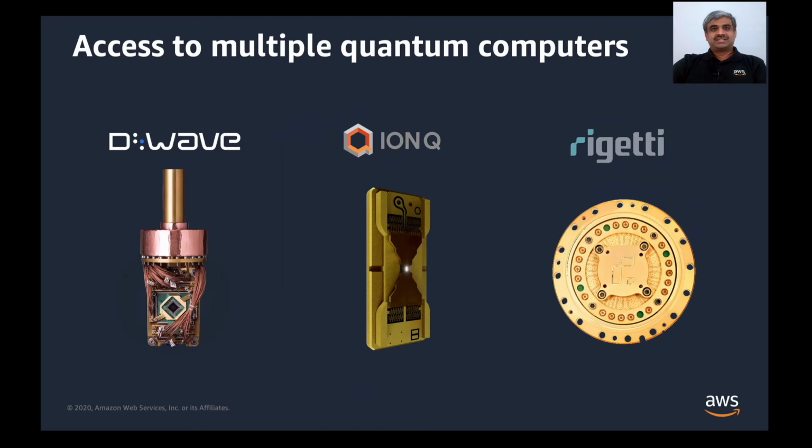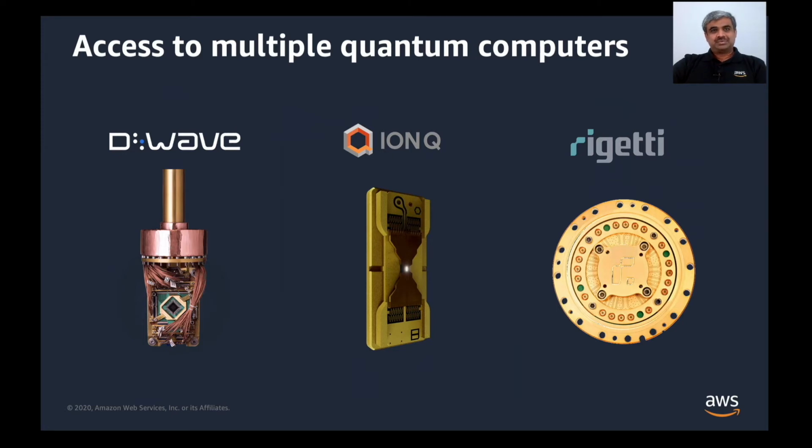Amazon Bracket provides access to both annealing and gate-based quantum computers. You can solve quantum annealing problems using the latest QPUs from D-Wave. For gate-based quantum computing, you can access trapped ion technology from IonQ and superconducting quantum processors from Rigetti. Changing between one or another just takes modifying the ARN using a single line of code.